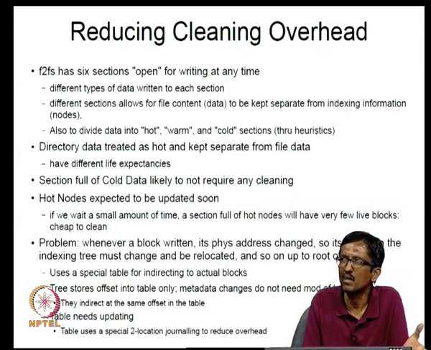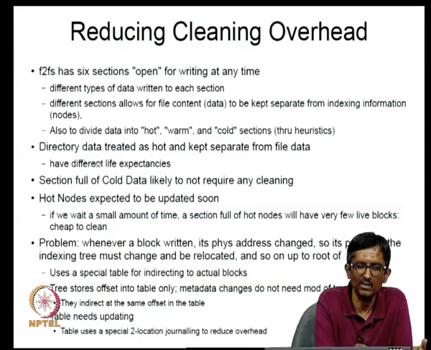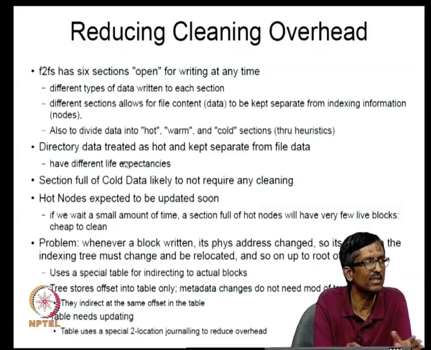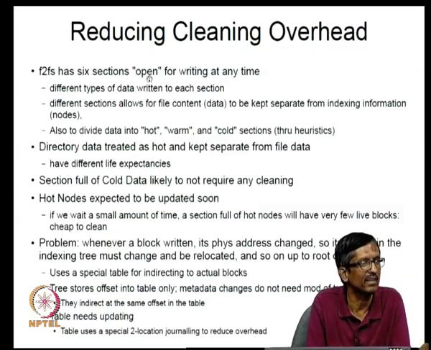And directories are luckily not too many in number, so they are changing every time there is file activity, and since they are a smaller number, you can essentially keep them cached. That is why there is often something called the directory name lookup cache, for example, in Linux. And typically these things have different life expectancies. So basically you keep one of these sections as directories.